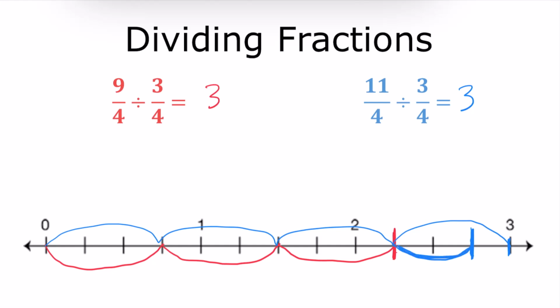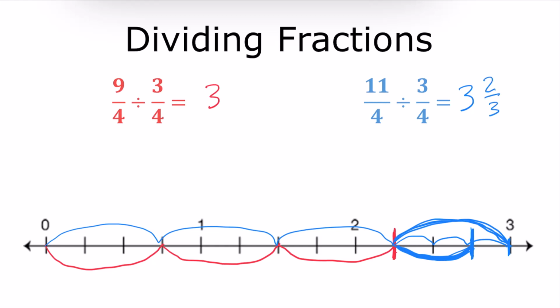So an entire group of 3/4 would be this space, and the amount that I have is 2/3 of that space. Because notice that there's 3 little sections here, and a full group has 3/4, and the amount that I have is just 2 of those 3. And so 11/4 divided by 3/4 is going to equal 3 and 2/3.